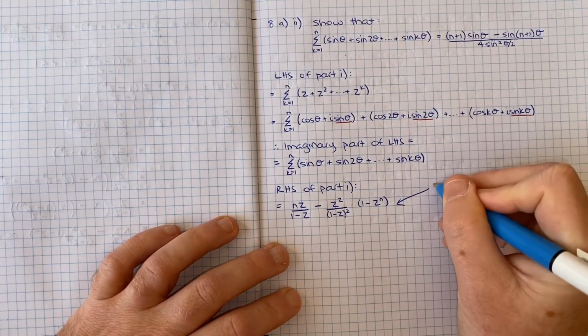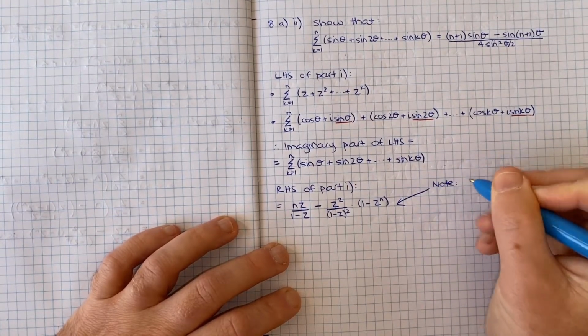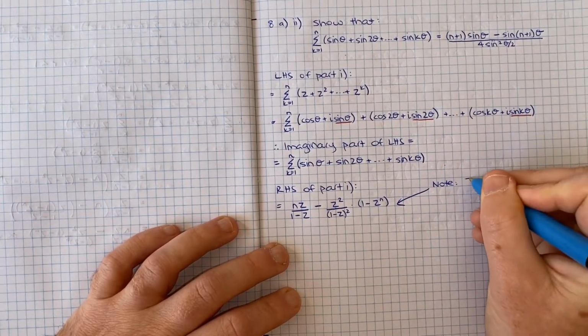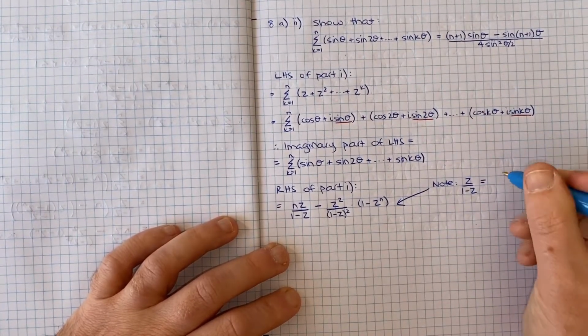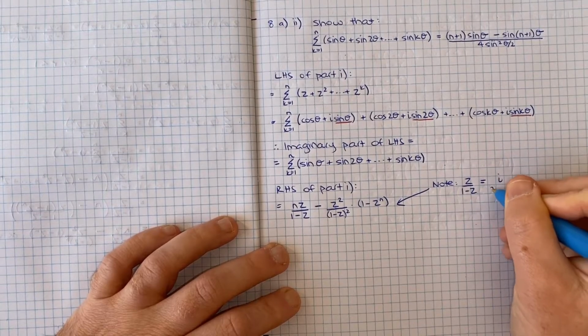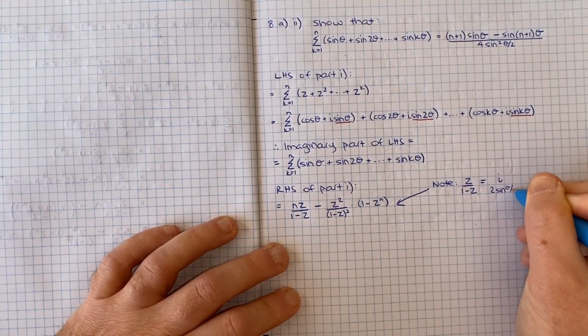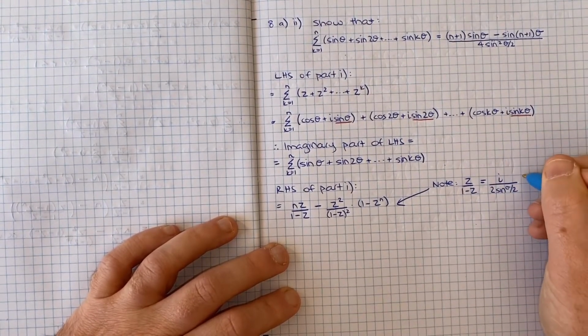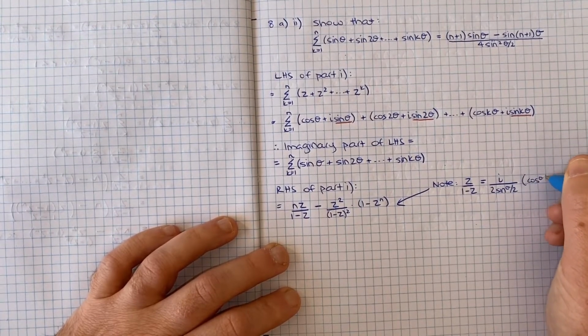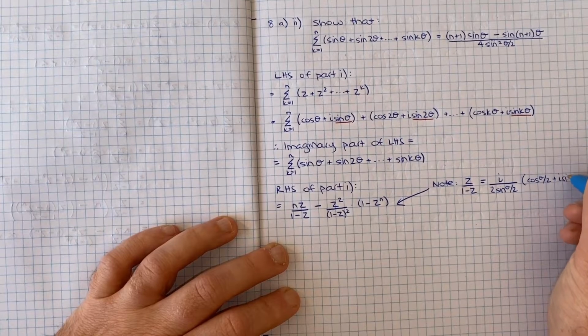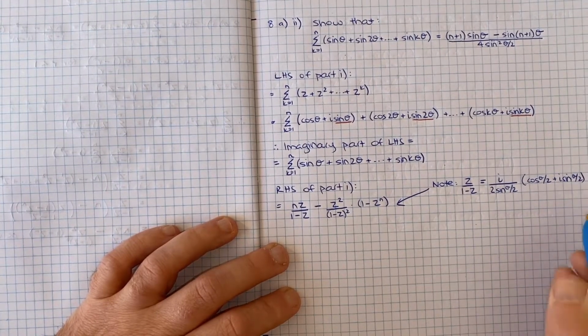remind ourselves of this note that the question gave us, which is that z on 1 minus z can be written as i on 2 sine theta on 2 multiplied by cos theta on 2 plus i sine theta on 2.